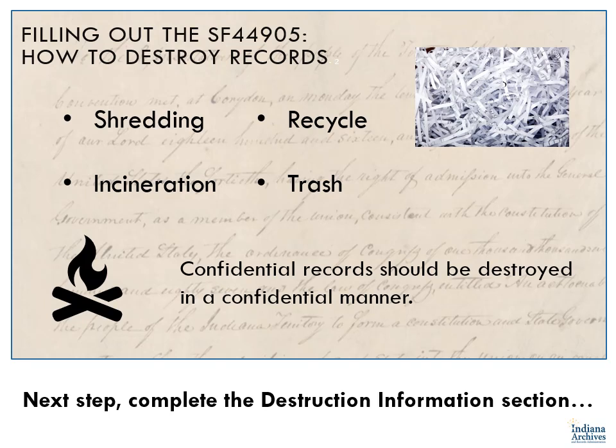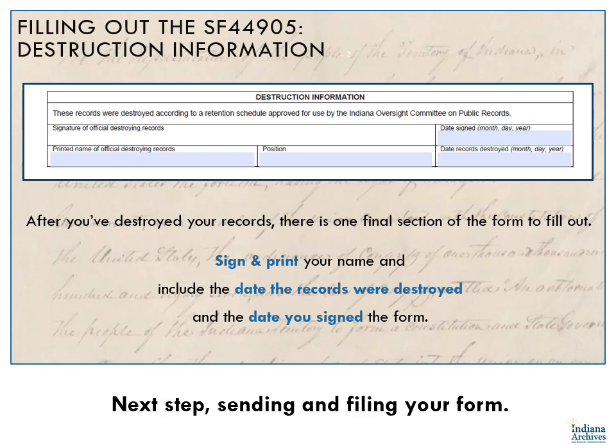Once you've destroyed your records, the next step is to complete the destruction information section of the form. After you destroyed your records, you will fill out the last section of the NOD form, the destruction information section. Please sign and print your name, include the date the records were destroyed, and the date you signed the form if those two are different.